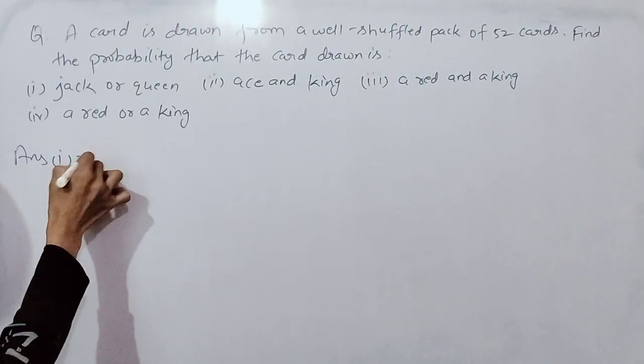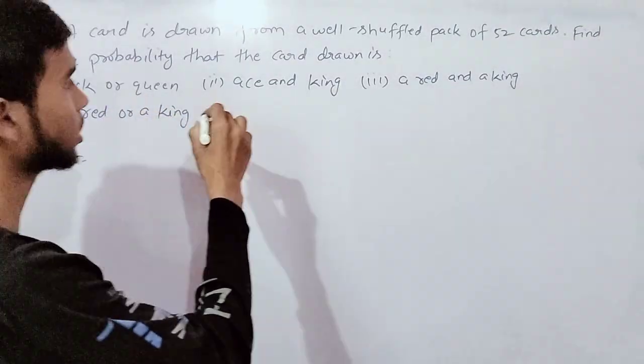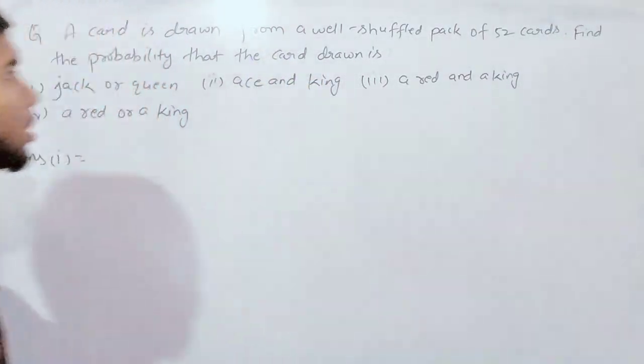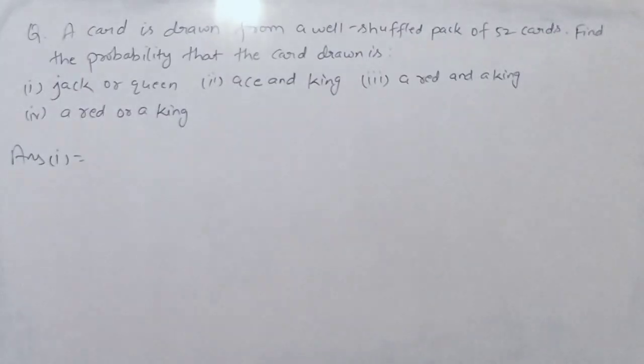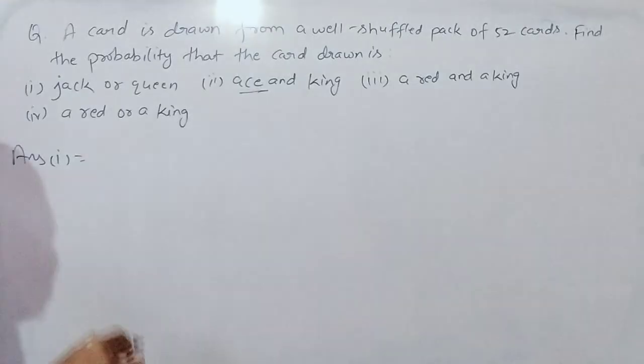Answer of one question. Jack or queen. How many jacks are there in 52 cards? There are four jacks, four queens, four kings. So the number of jack cards is 4 in 52 cards.